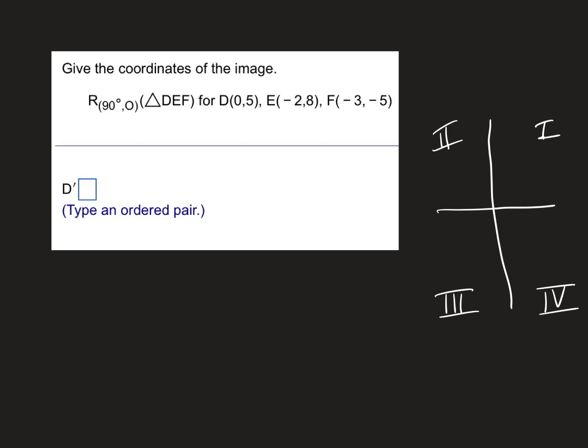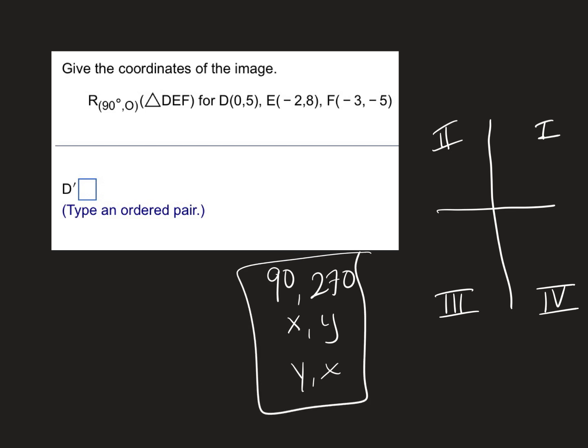Now I know if I rotate 90 or 270, that is going to be a swap of X and Y. So X comma Y becomes Y comma X whenever I do a 90 or a 270 rotation. 180 rotations, X, Y just stays X, Y, but it changes the signs. Okay, but I don't worry about signs on these. I think about where am I going to end up.